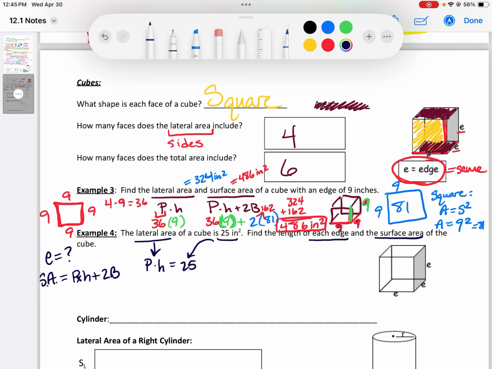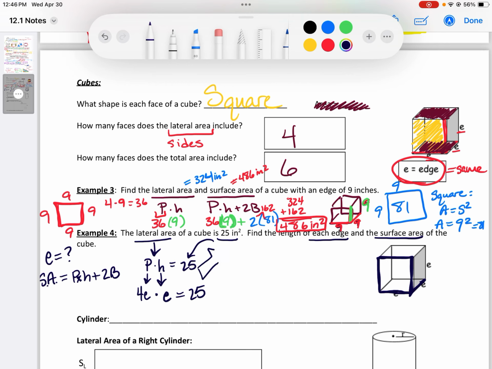So think about this. This is a square. The perimeter is found when you add up 4 edges or 4 sides. So our perimeter is 4E. Again, though, this is a square, so our height is also going to be E because all the sides are the same. So I've got 4E times E equals 25.